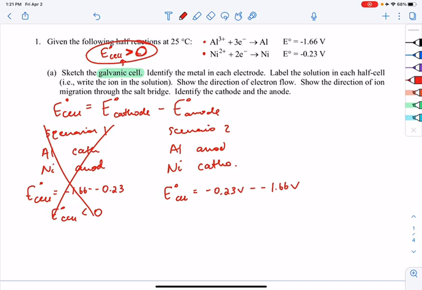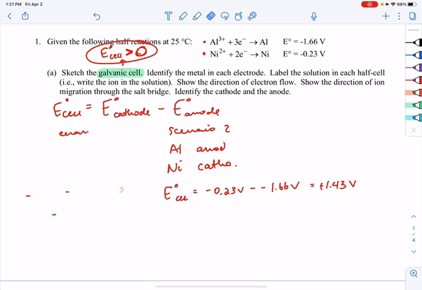Hopefully it's in here somewhere. Here we go. Okay, so this ends up being negative 0.23 minus negative 1.66, which is positive 1.43 volts, right? So the point here is that we had to do this to figure out how to draw our cell. What's the anode? What's the cathode?